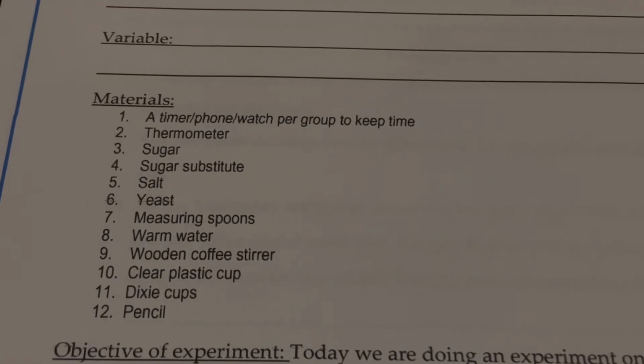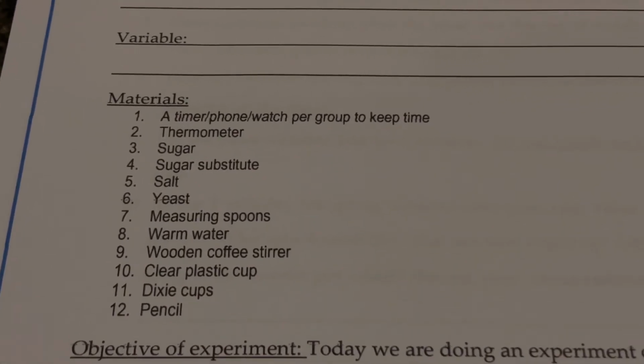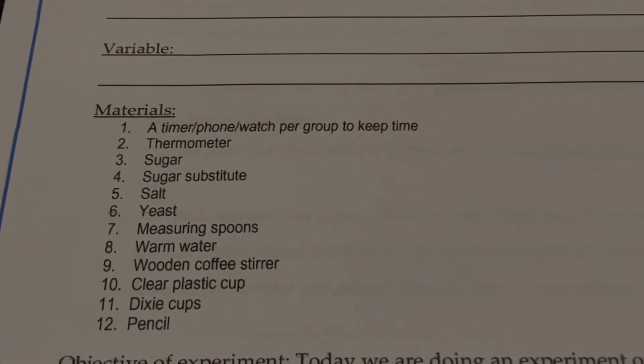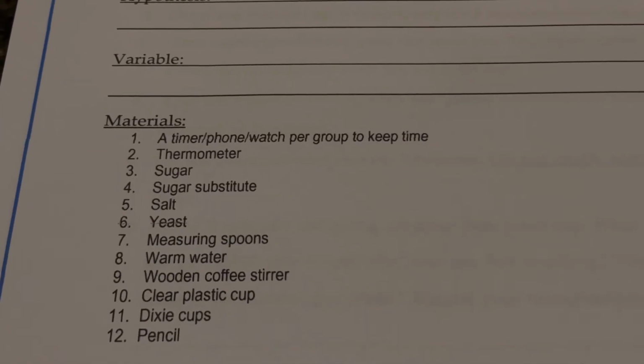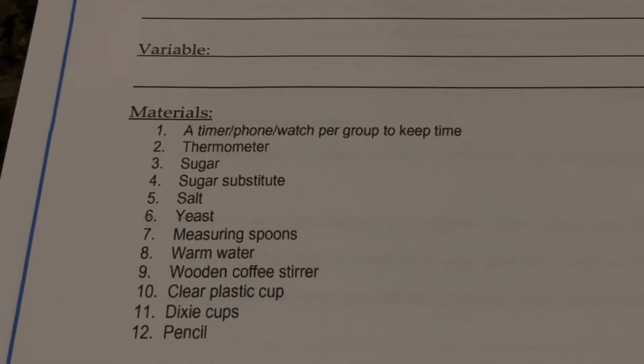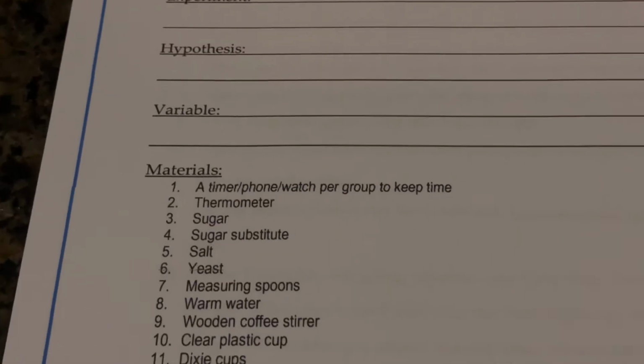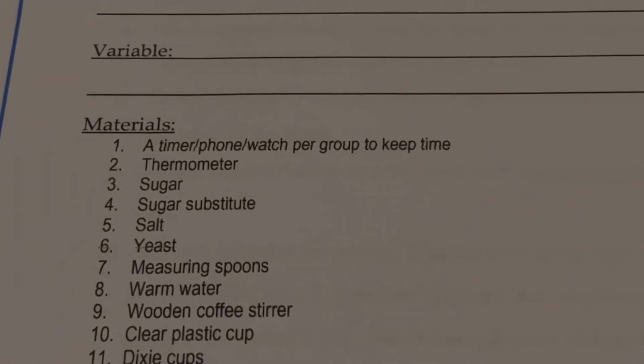We have measuring spoons, which are a half a tablespoon, warm water, wooden coffee stirrers, clear plastic cups, Dixie cups, which I actually don't have, but that's okay, and then also a pencil to help record your data. So our objective of the experiment today is we are going to experiment on the growth and activation of yeast and see what happens when we add these amazing variables to the mixture.